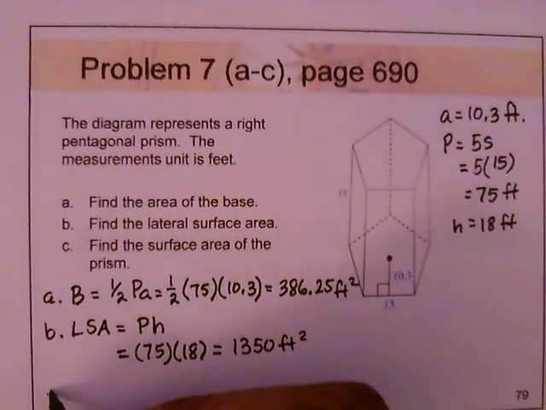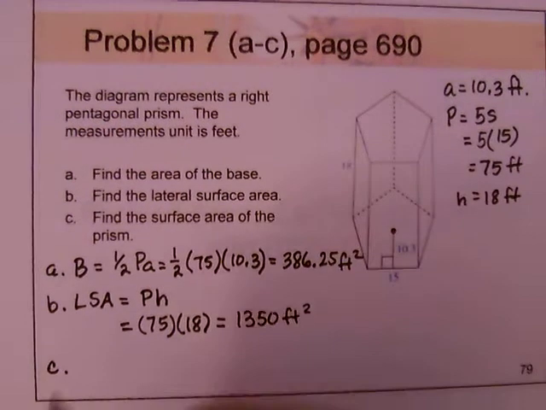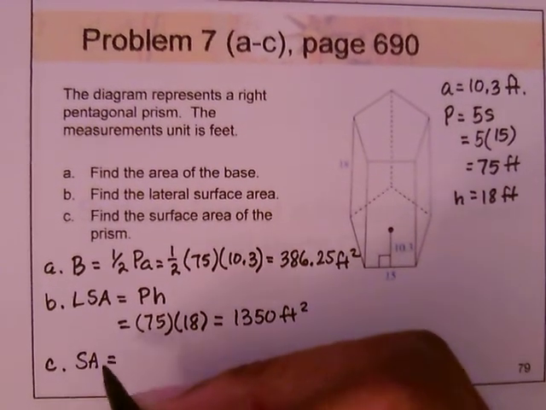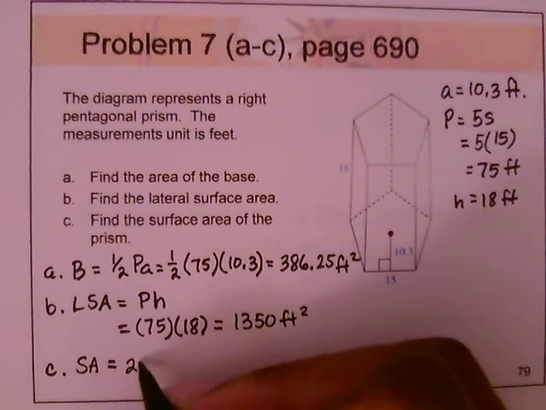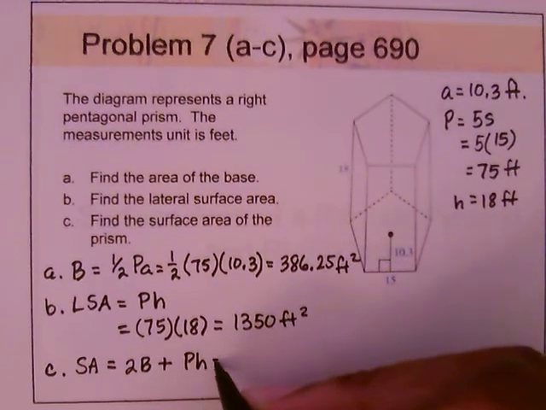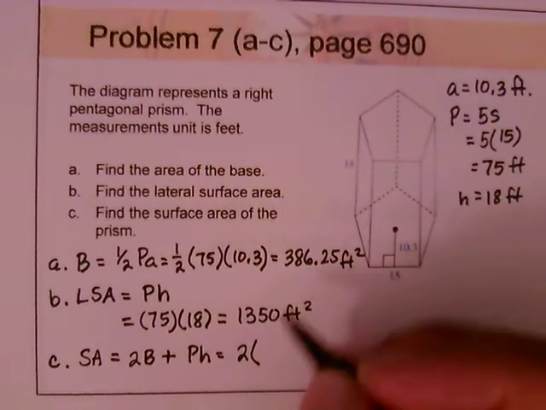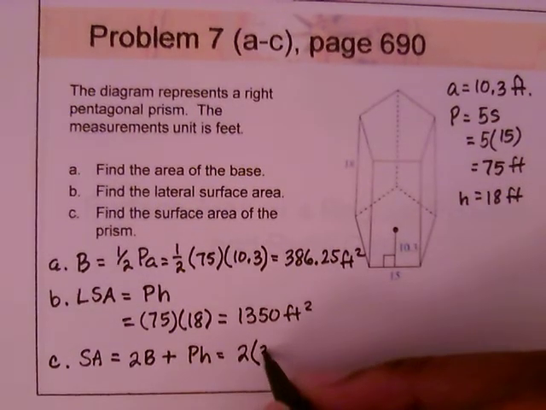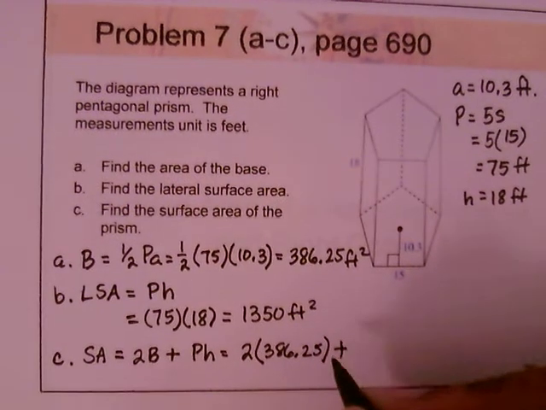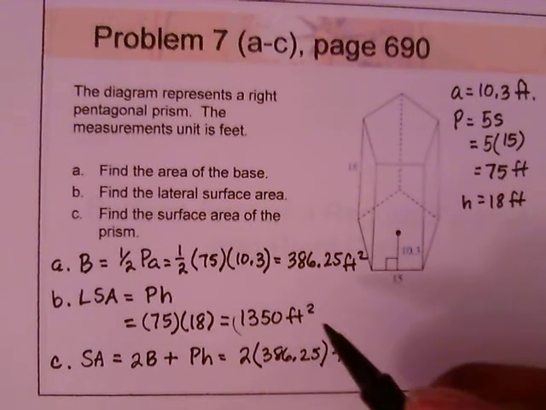And then part C, find the surface area of the prism. The surface area, or SA, would be 2 times the base plus the perimeter times the height. So 2 times that base, which is 386.25, plus the perimeter times height, that's from part B, 1,350.